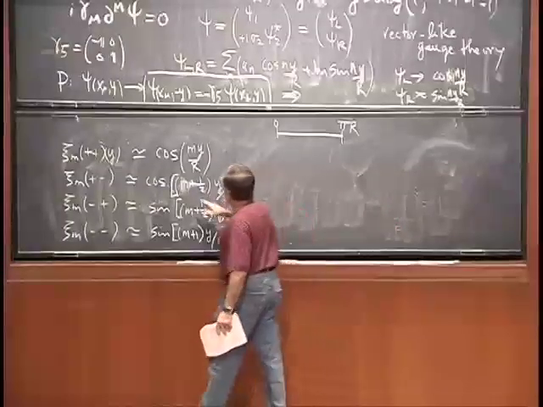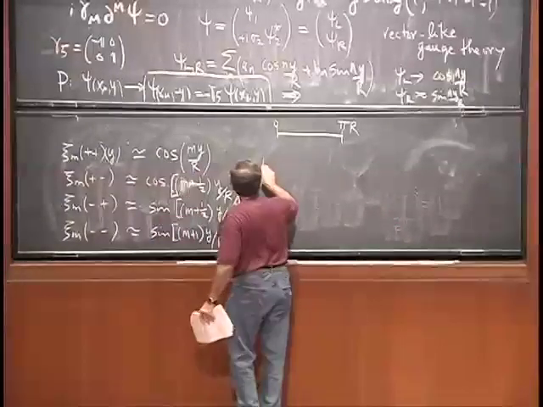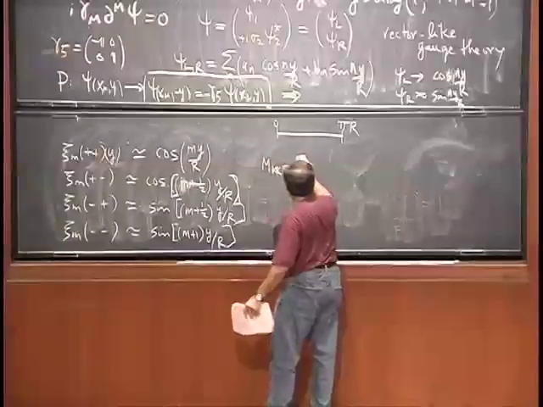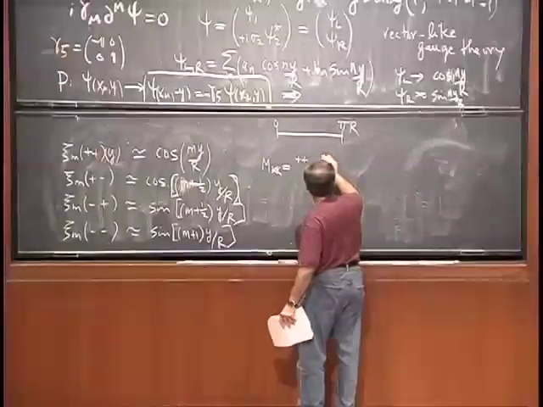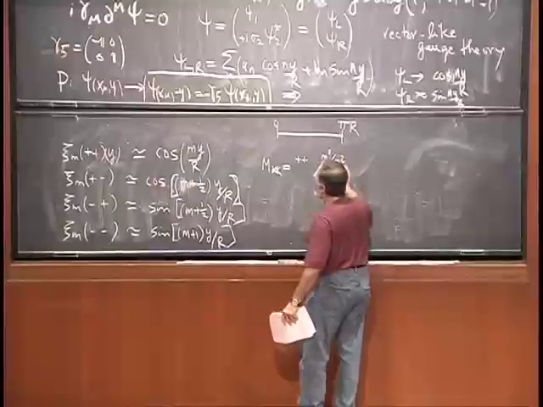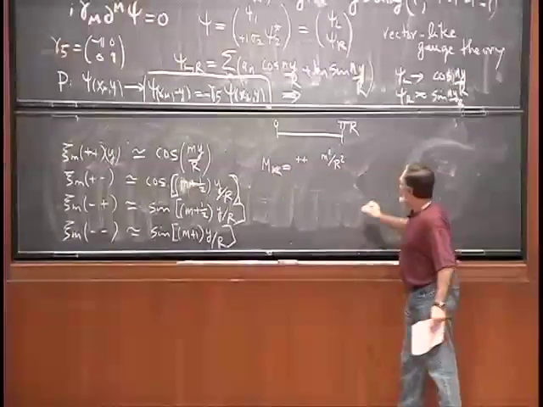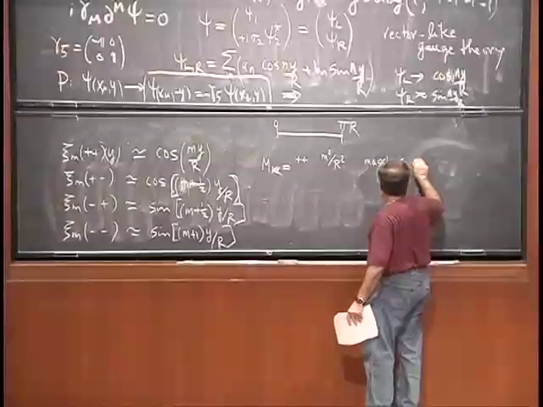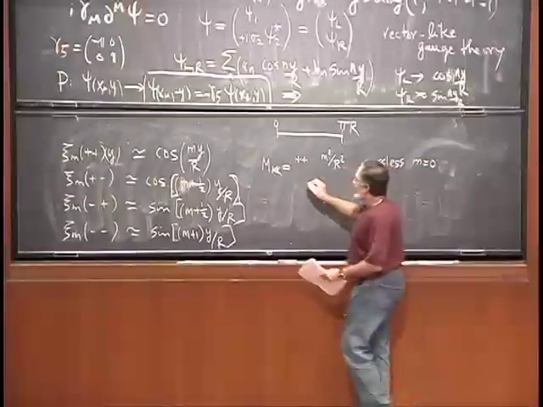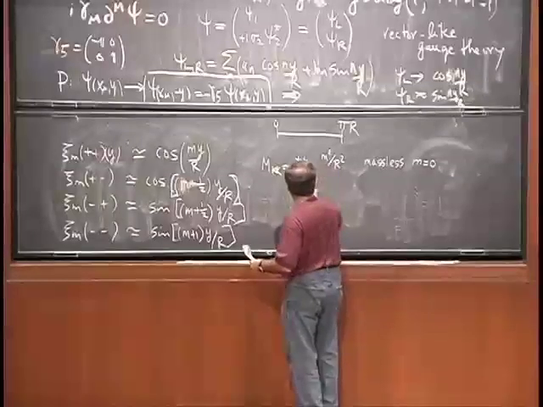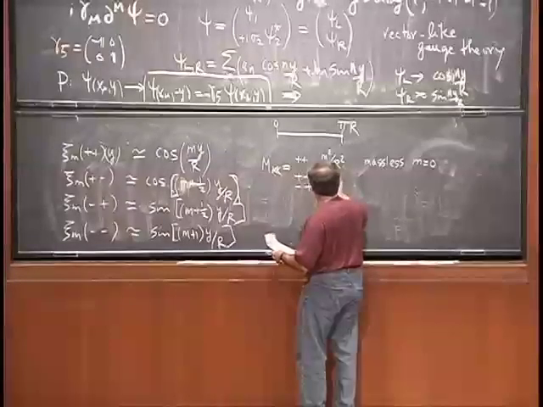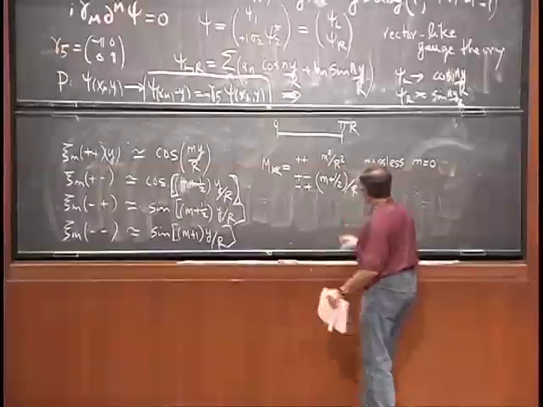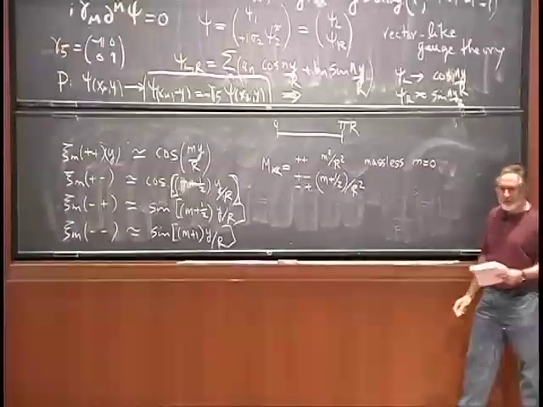I should also point out that the Kaluza-Klein masses of these states for the plus plus boundary conditions look like m squared over r squared, where m can be 0, and so this can have a massless mode. The plus minus and the minus plus have Kaluza-Klein excitations which are split off by half an integer.